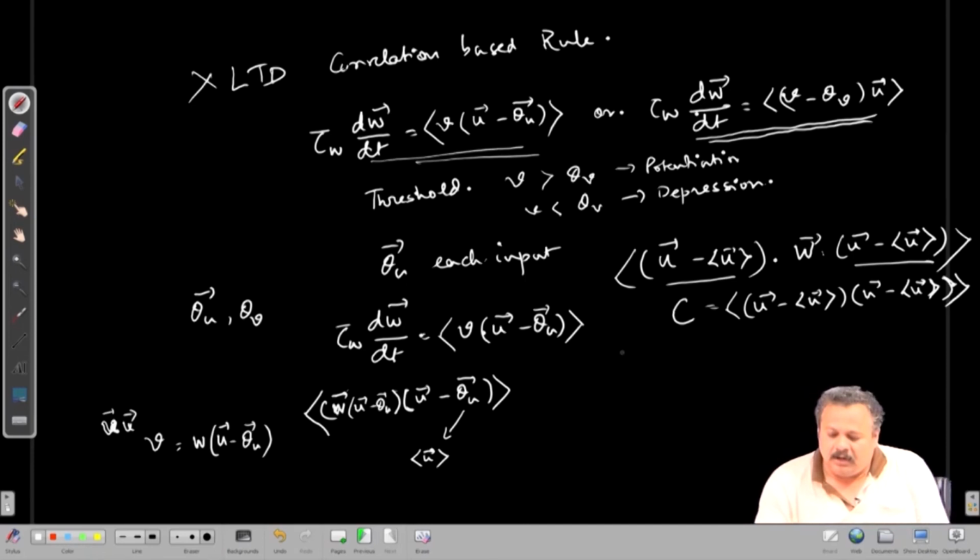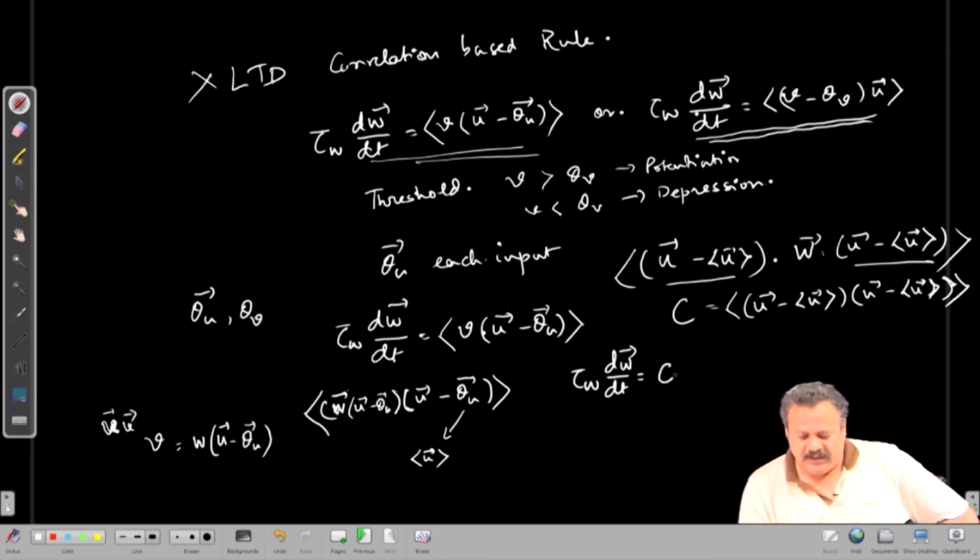And so, our learning rule then becomes a covariance learning rule, that is tau dw/dt is equal to C dot w.